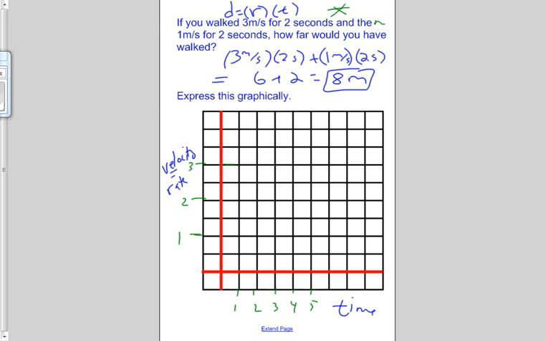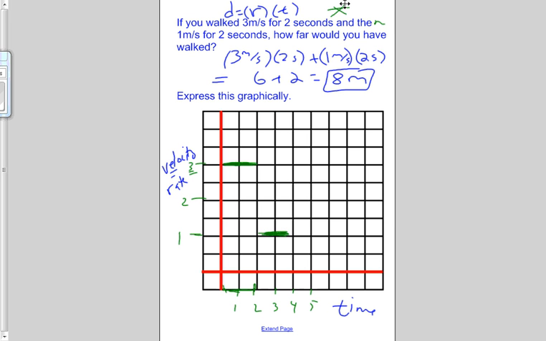For the first 2 seconds, we could express our velocity in terms of that line here. We're going 3 meters per second for 2 seconds. And then for the next 2 seconds, I'm going 1 meter per second. So we would graphically show that from seconds 2 to 4 like this.